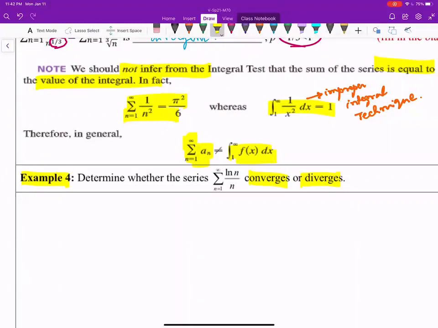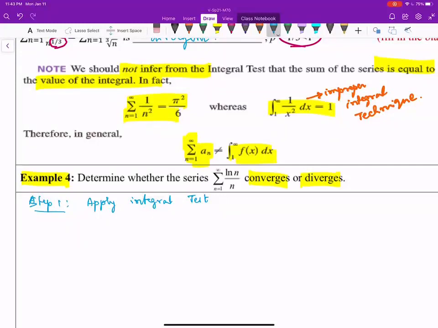Anytime you have ln n or e to the n or exponential, integral test is a way to start. So we will apply integral test here.